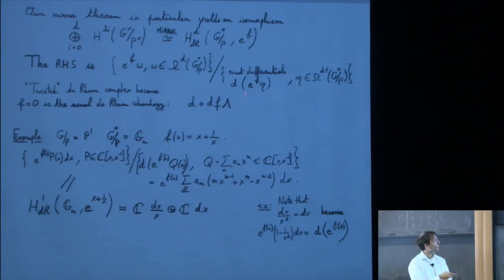Or if you want, you take the complex with this differential. You can compute it for P1, for instance, as an example. The consequence is that this is 0 except in degree d. That's what this D-module pushforward means. And also in degree d, it has the right dimension, the same dimension as the total cohomology of the mirror.